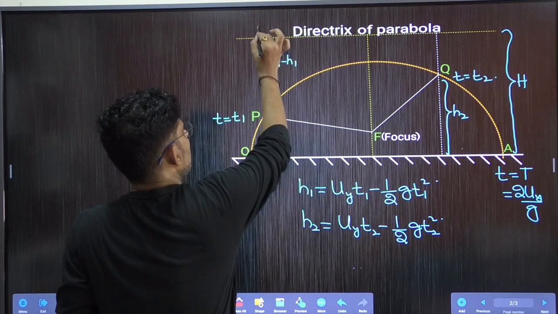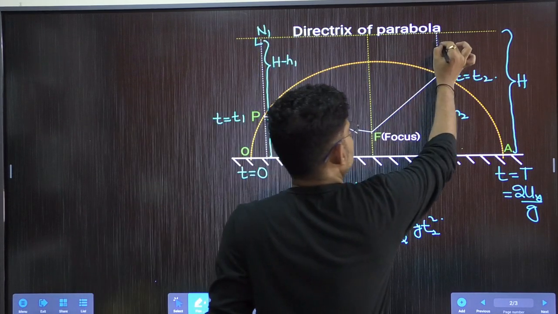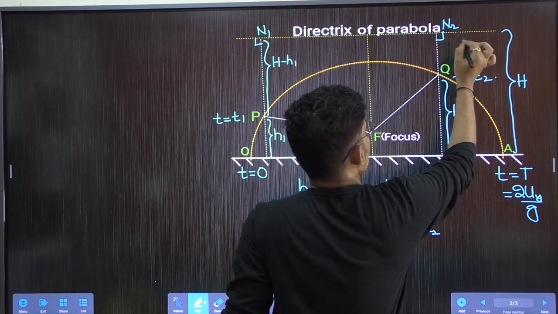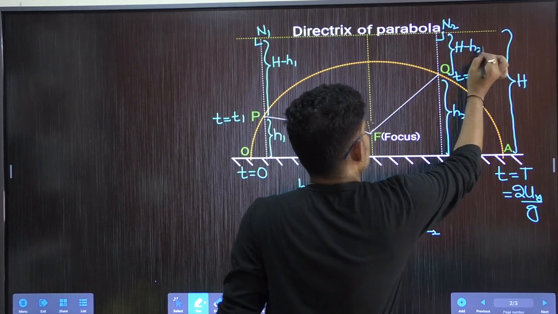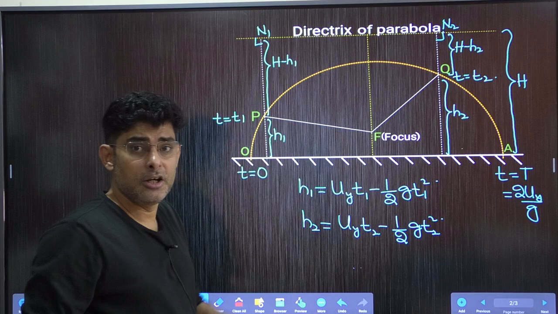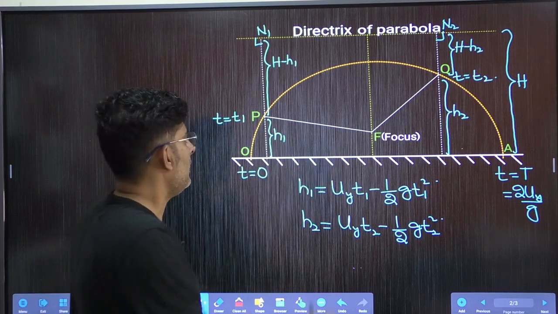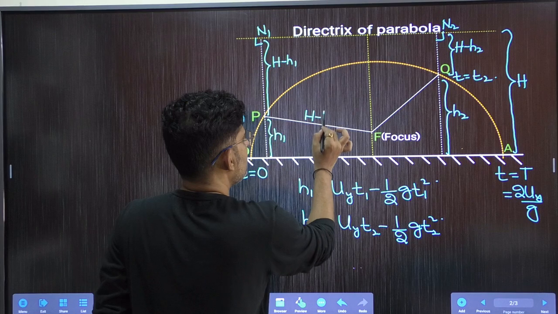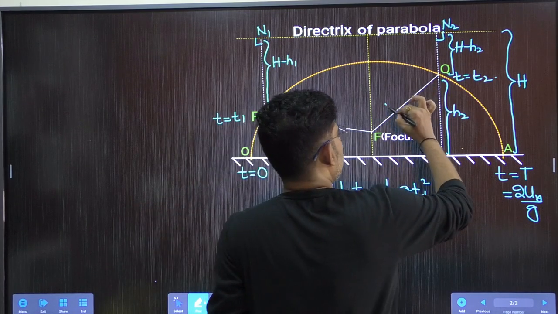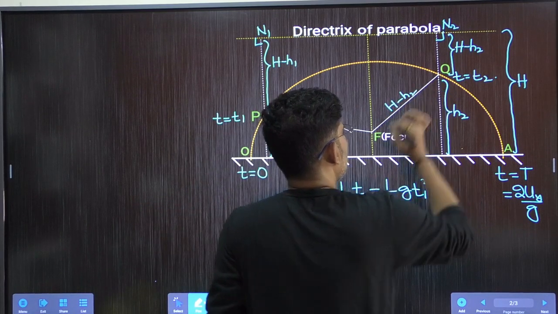Now this being the normal, let's call this n1, and this point n2. So this distance will obviously become H minus h2, and this is H minus h1. As we discussed the property of parabola, PF will be equal to PN, so this distance is H minus h1, and this distance is H minus h2, right?